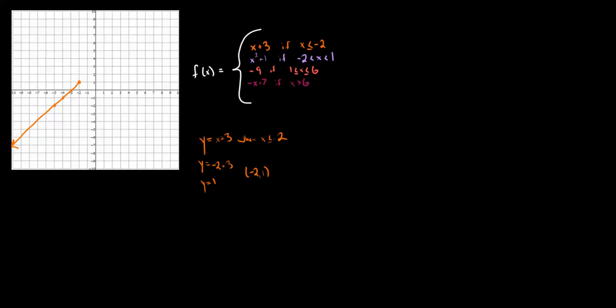Now our second piece, we have y equals x squared plus 1 when x is in between -2 and 1, and notice neither of these are or equal to, okay? So both of these will be open circles.